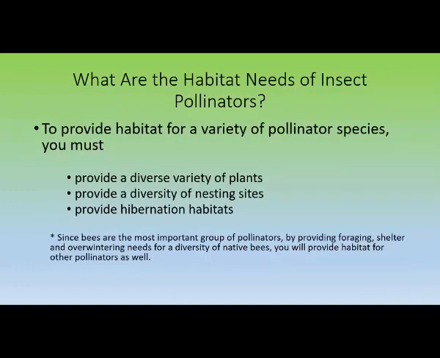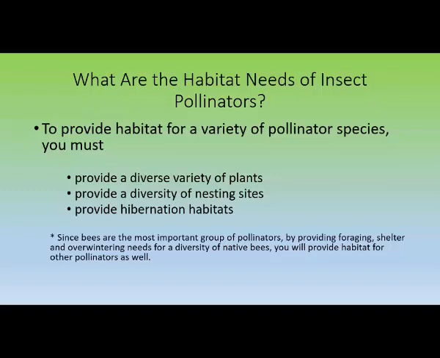So here are some of the general categories of habitat needs. You think about your landscaping project, and you look at other successful landscaping projects, you're going to see a great variety of plants, and these plants are going to be blooming over a long change of seasons, so that there is food, nectar or pollen, available from spring until freeze up in the fall.